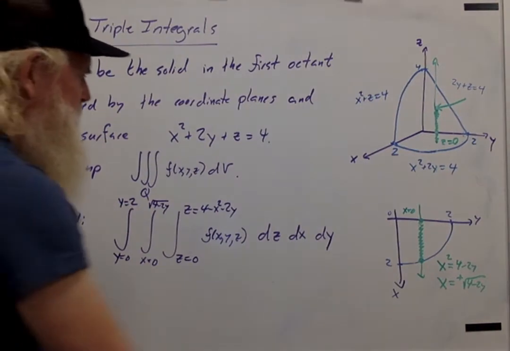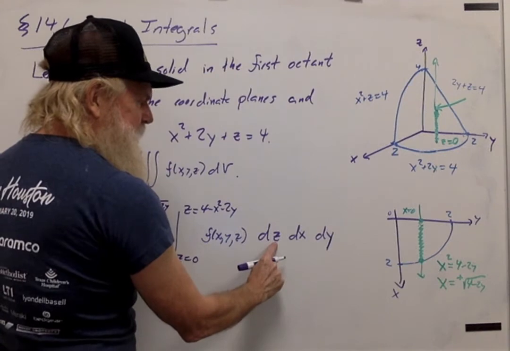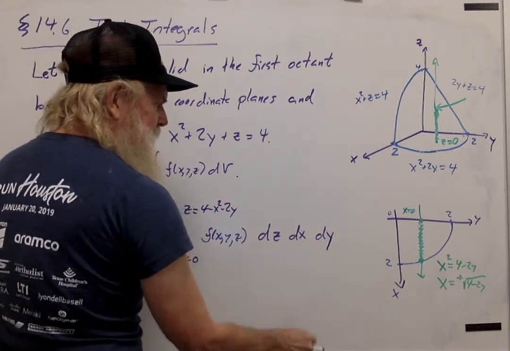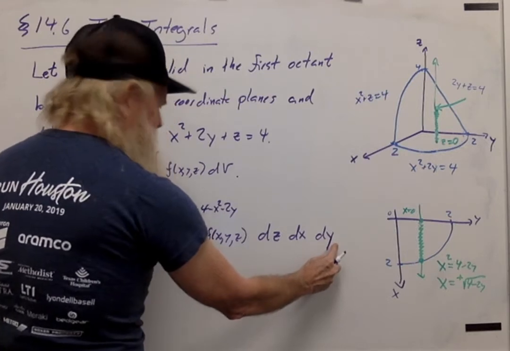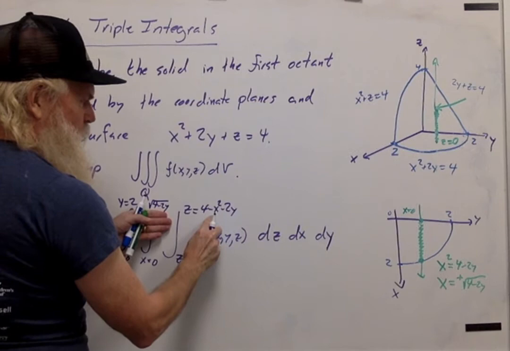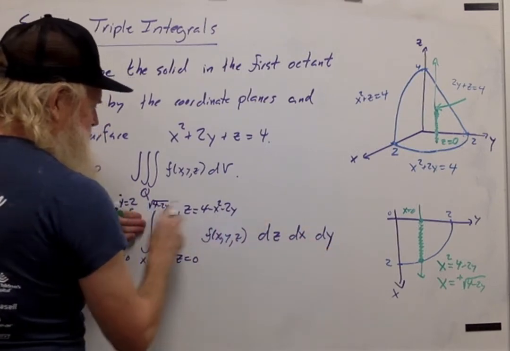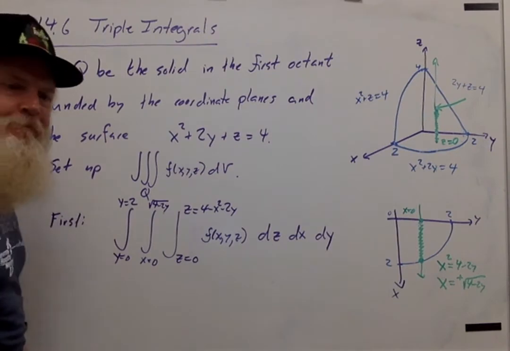Once again, to emphasize, if I'm going in the order dz, dx, dy, the z bounds can depend on x and y, the x bounds can depend on y, and the y bounds have to be constants. And that is what happened. The z bounds did depend on x and y, the x bounds did depend on y, and the y bounds were constants.